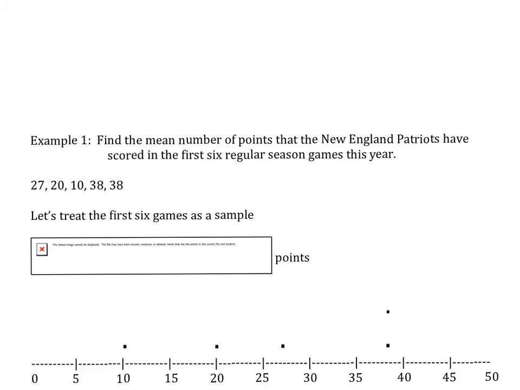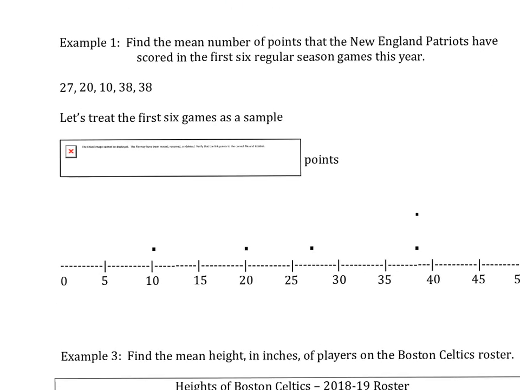Let's do an example. It's worked out for you on your paper, but it's using the formula here so you recognize how the formula is used. Sigma x represents adding up all the data points, n represents the number of data points or the sample size, 6, and since it's only 6 games we are dealing with the sample, so we call it x bar, or the mean of a sample, 26.6 points.